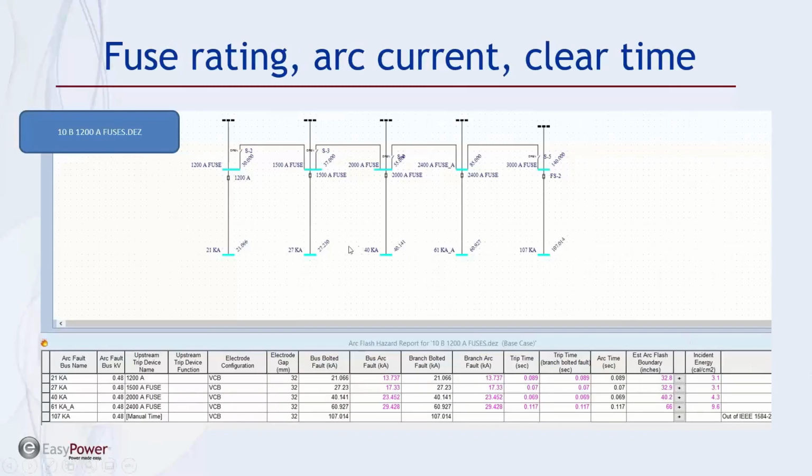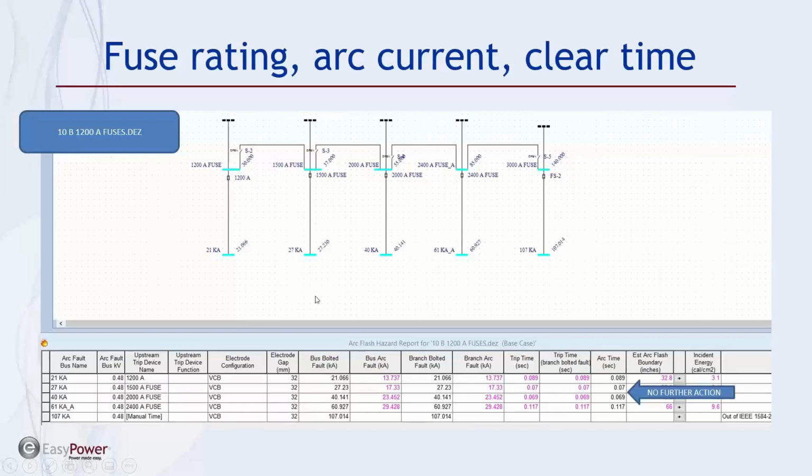This is a display showing the operation of several different fuses at several different voltage fault currents and the resulting incident energy. The technique here is to use a virtual connection, whether there's a tied connection or not, so I can show different independent utility sources.